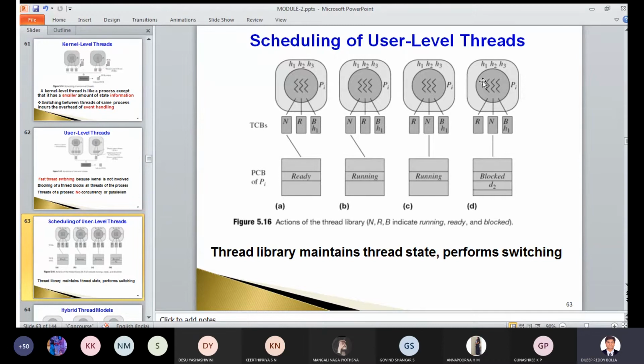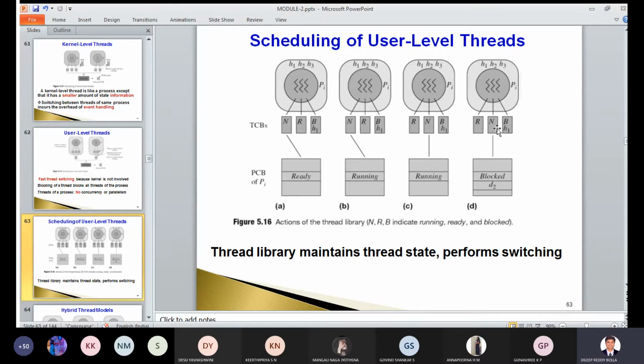In the same way, we have taken 3 threads for the process P1. Now you check here, this is only the P1 process, which means only one process. You see the difference here. Whenever this thread is connected, H1 is given for this. H1 is what? It's the block state. Whereas in the case of the process control block, we have ready here, and N is given the running state.